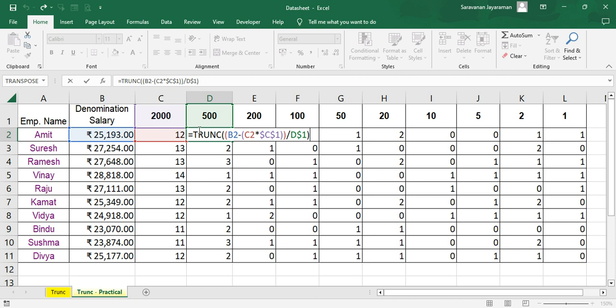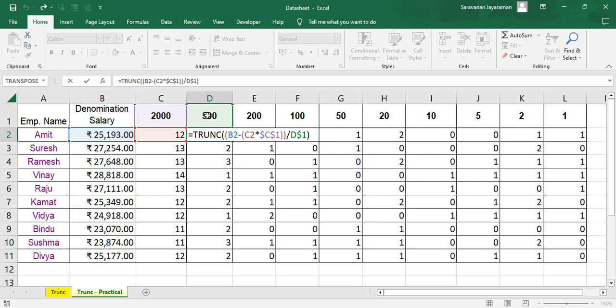So the formula multiplies 2000 into 12, which comes to 24,000, and from 25,193 it subtracts this, then truncates by 500.